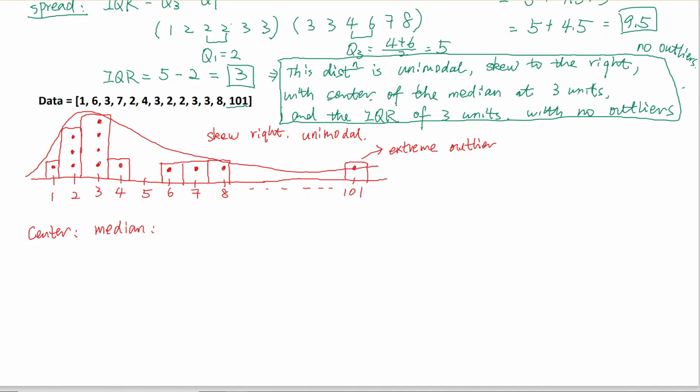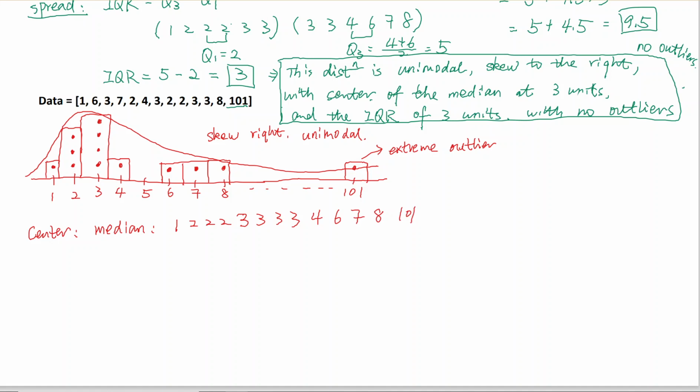Right, so now our data set is ordered like you have 1, 1, 3 2s, 4 3s, and you have 1 4, 1 6, 1 7, 1 8, and 1 101.